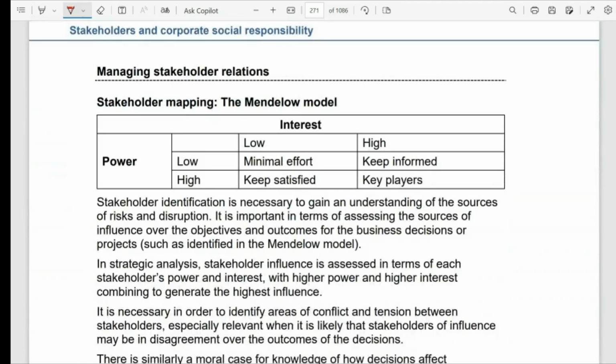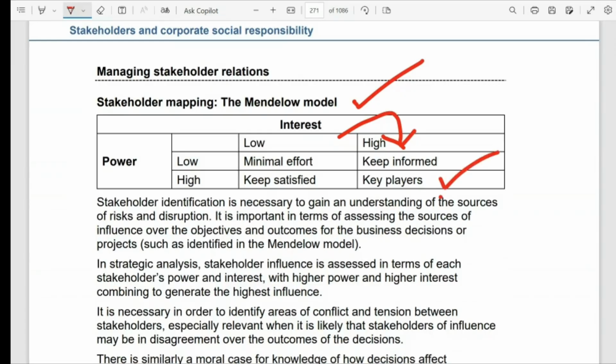Managing stakeholder relationships: the stakeholder mapping mental model. It is saying that if the interest of the stakeholder is high, they will be kept informed, and with low power they will be kept informed, and with high power and high interest they will be the key players.